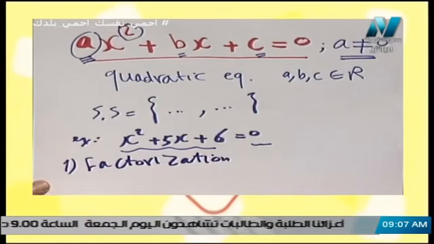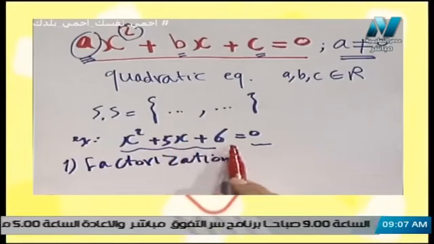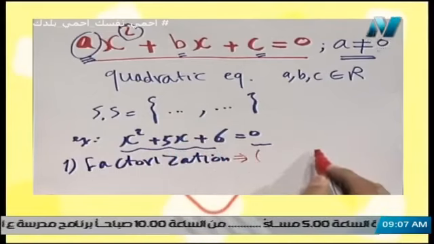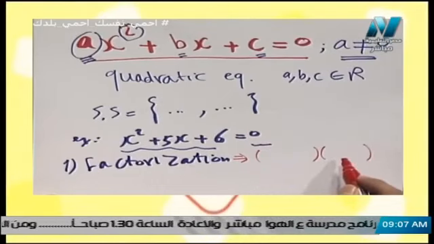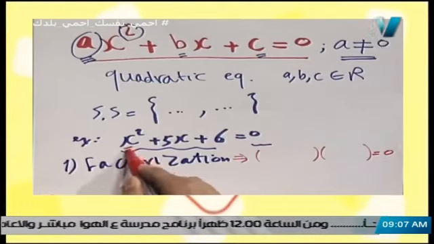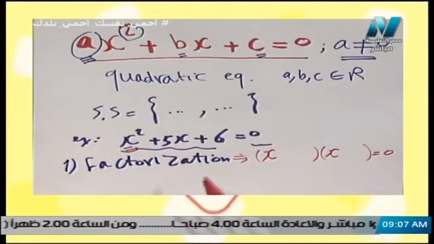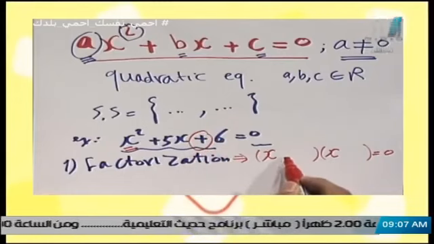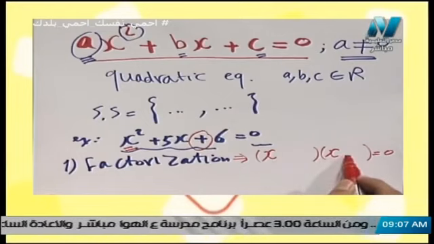What is factorization? If we have here x power 2 plus 5x plus 6, as we said before, we can factorize this expression into two brackets multiplied by each other and equal 0. X power 2 we factorize as x and x. We have positive here, which means positive multiplied by positive or negative multiplied by negative.